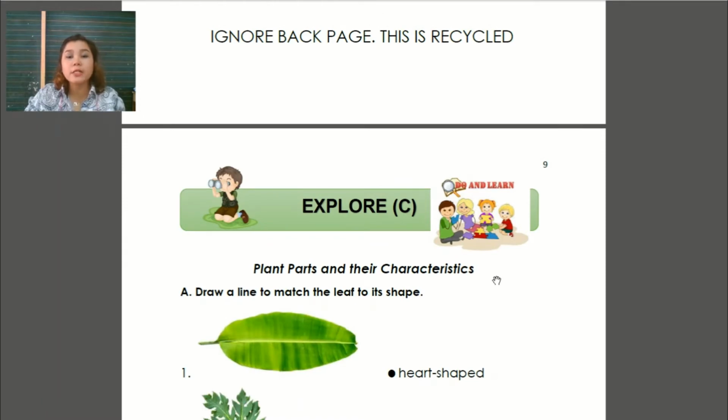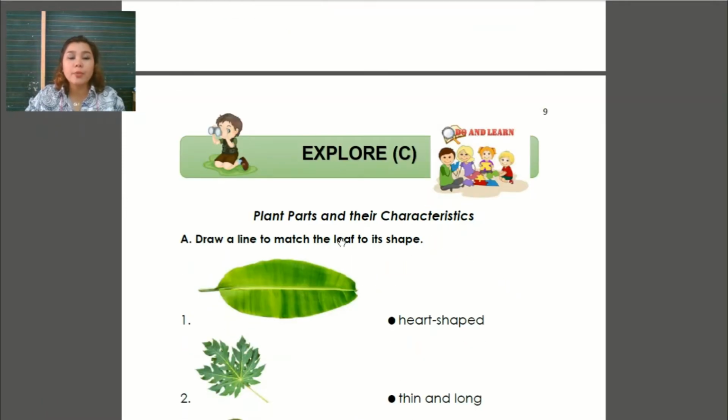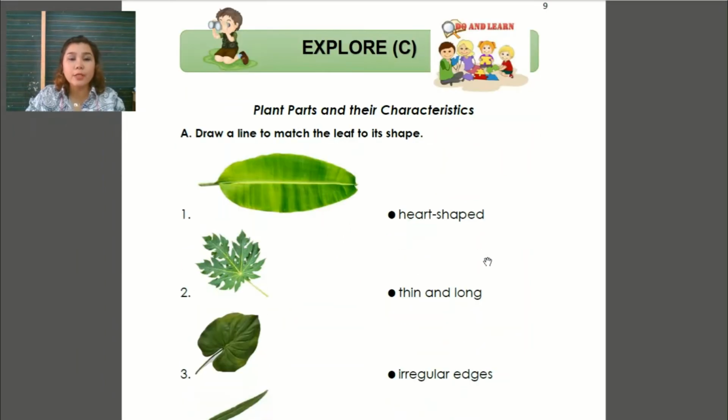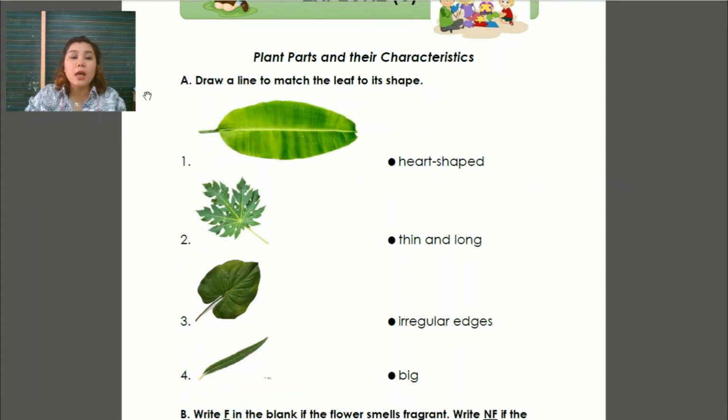Third part under explore. So plant parts and their characteristics. Part A, draw a line to match the leaf to its shape. So this is all about leaves. And then you are to connect or draw a line that tells the shape of the leaves from numbers 1 to 4.